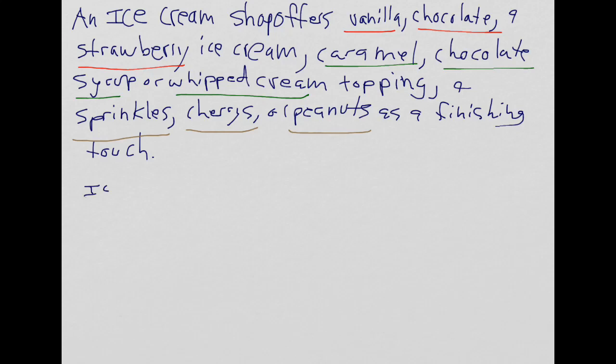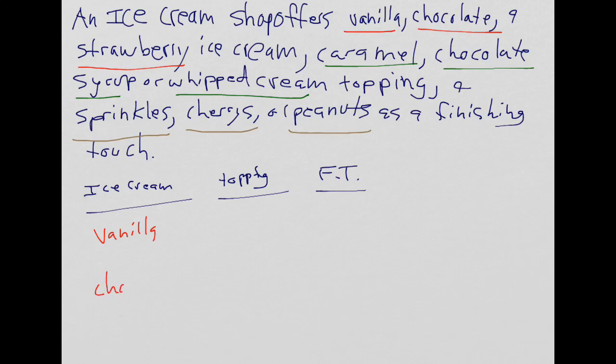You've got the ice cream phase, the topping phase, and then the finishing touches phase, which I will abbreviate FT. So, for ice cream, we've got vanilla, chocolate, and strawberry.